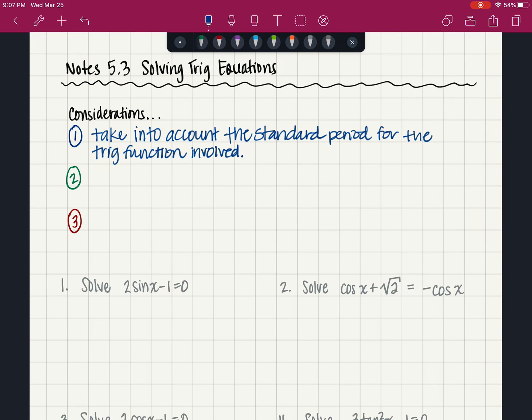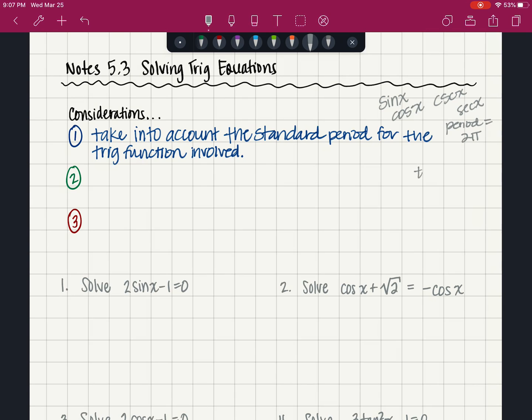So for instance, if it involves the sine of x, the cosine of x, the cosecant of x, or the secant of x, that period is 2 pi.